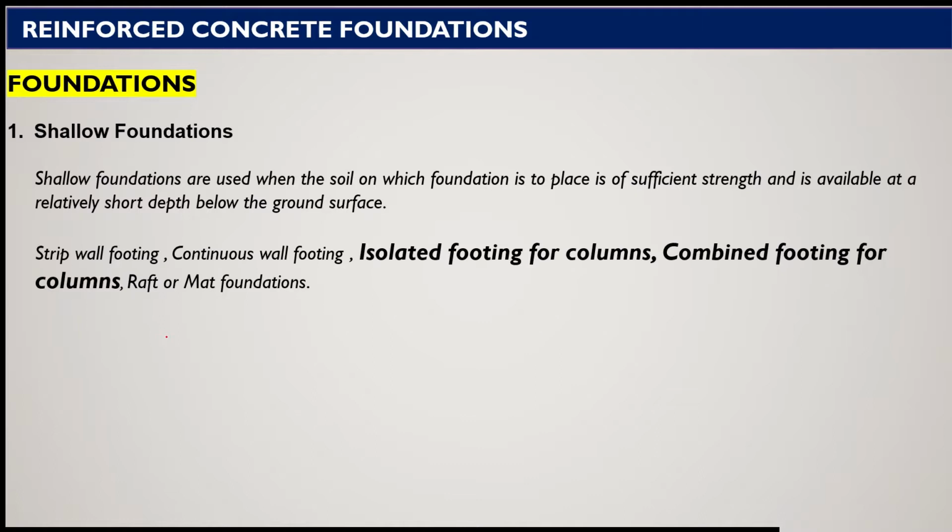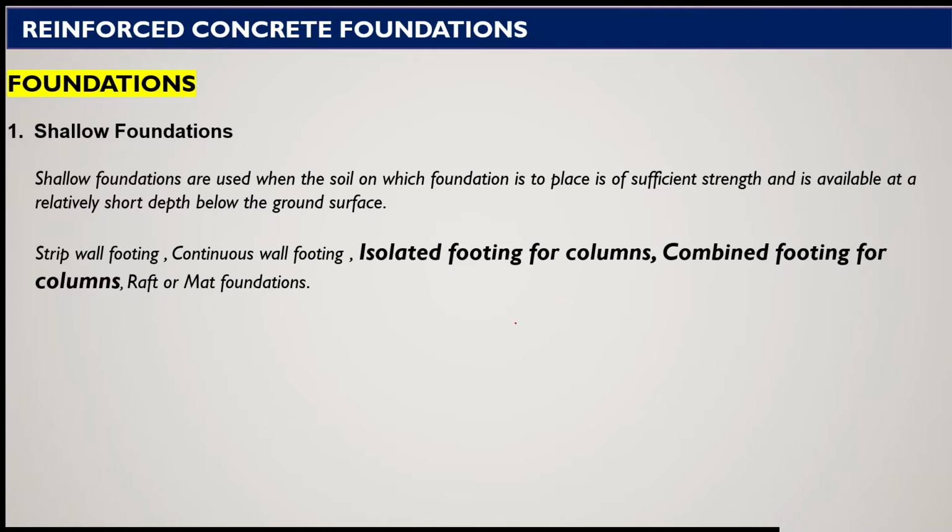So in the current curriculum, we will be going through the design aspects and design detailing of isolated footing for column. Isolated footing for column means a single footing devoted to a particular column, and there may be isolated footings for a number of columns.